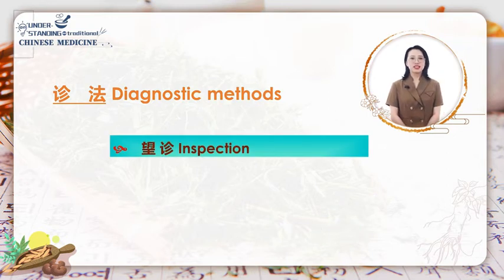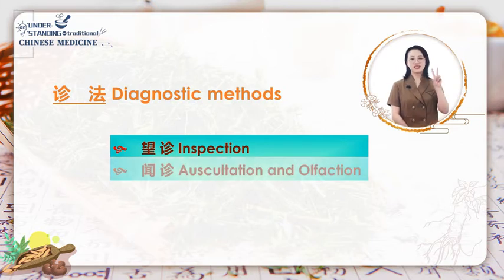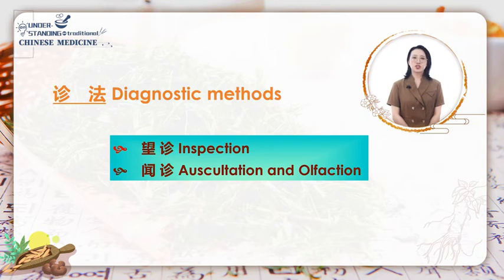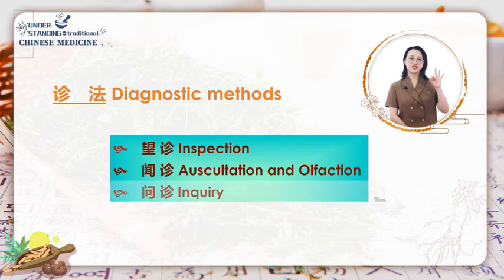Inspection. That is observing the patient holistically and collecting the manifestations from the face and the whole body. Second, auscultation and olfaction, in which the doctor uses the ear and the nose to find out the abnormal smells and sounds of the patient. The third is inquiry.